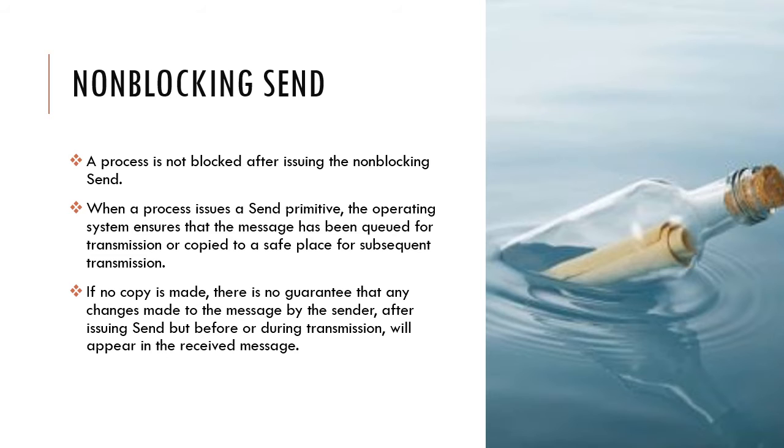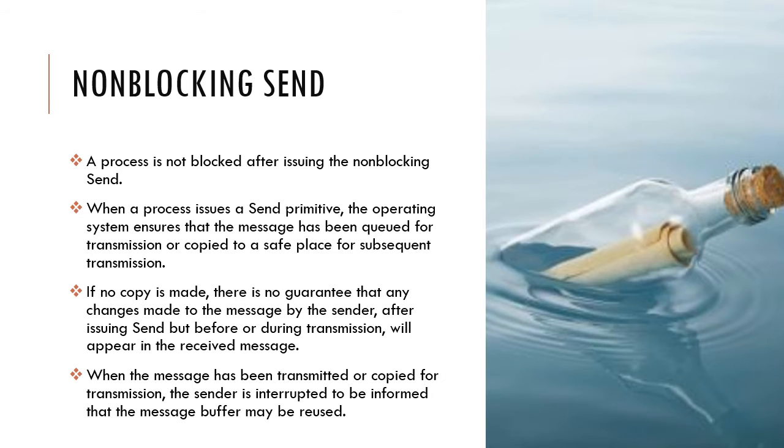If no copy is made, there is no guarantee that any changes made to the message by the sender after issuing send but before or during transmission will appear in the received message. When the message has been transmitted or copied for transmission, the sender is interrupted to be informed that the message buffer may be reused.